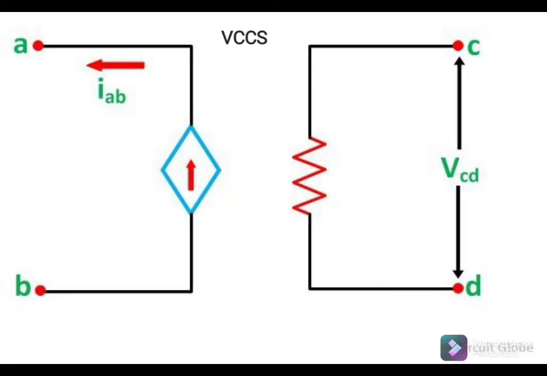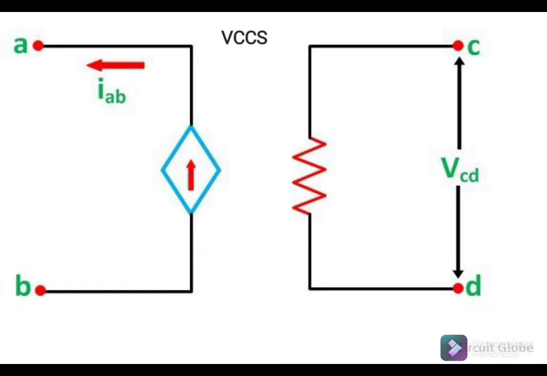The third one, see, in the diamond shape we have an arrow. If it is marked plus and minus, it is a voltage source, and an arrow represents a current source. Here it is a current source controlled by the voltage VCD. Hence the name is voltage controlled current source.